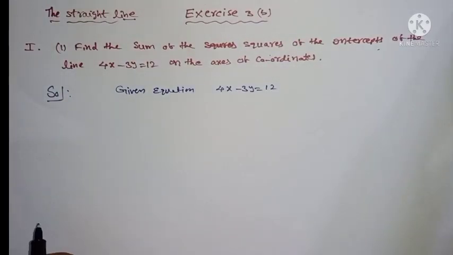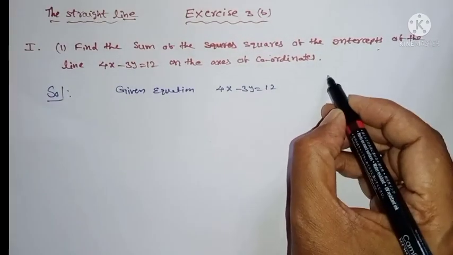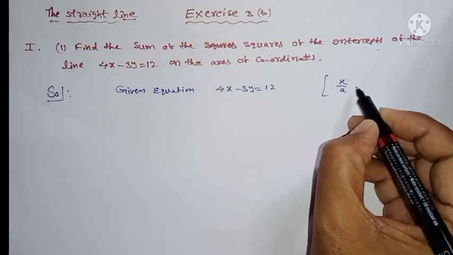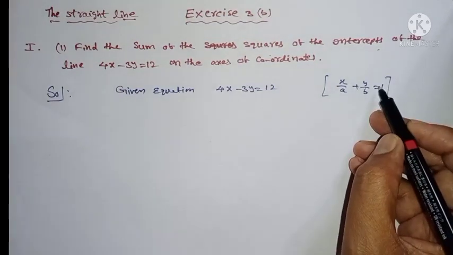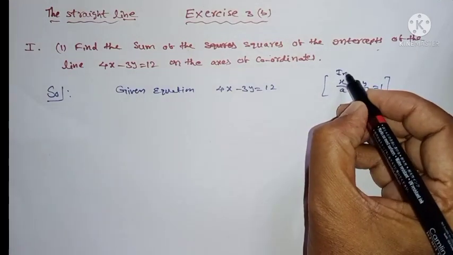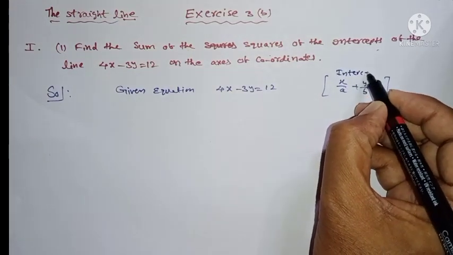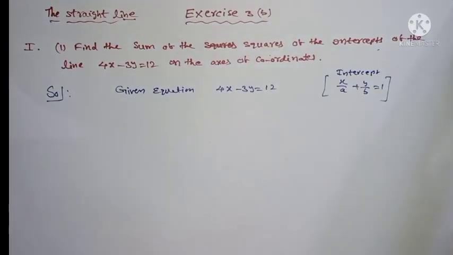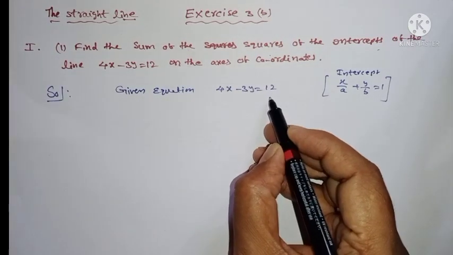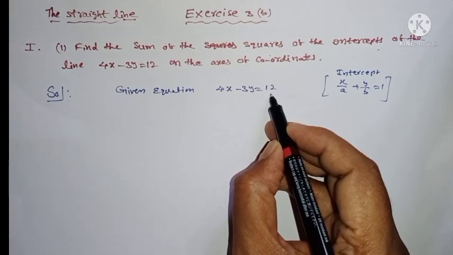And the intercept form I can write as x by a plus y by b is equal to 1. You can reduce this into intercept form, then you can find the sum of the intercepts. Therefore, on the RHS this must be 1 only.